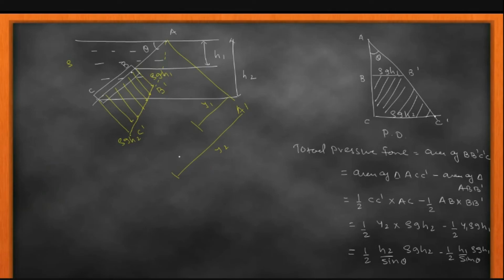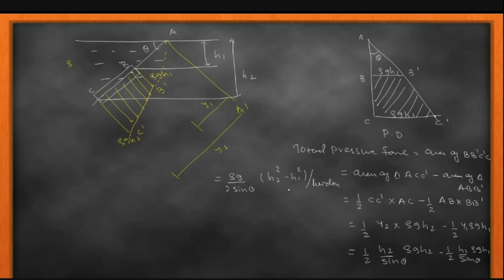We take the common factor, rho g divided by 2 sine theta, and we get h2 square minus h1 square. So using this formula we can calculate, but we need to remember this is per unit width. So we need to multiply it by the width to get the answer in Newton.